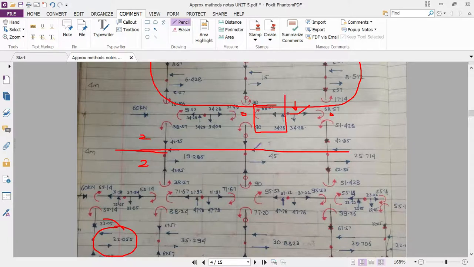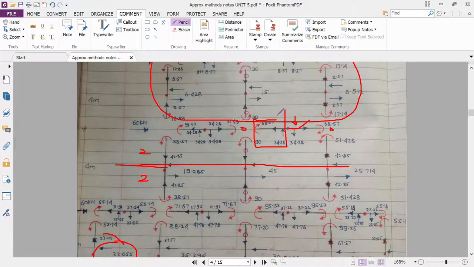Now 34.28 is going in this direction, the rightward direction, and we already have 45 kilonewton here. So 34.28 minus 45, the answer, which he has not calculated here, you have to calculate and apply the force here. Because the answer will be in the left direction, because 45 is a bigger quantity than 34.28.